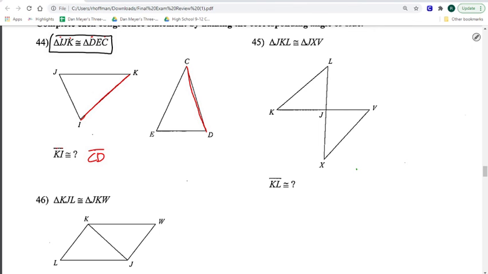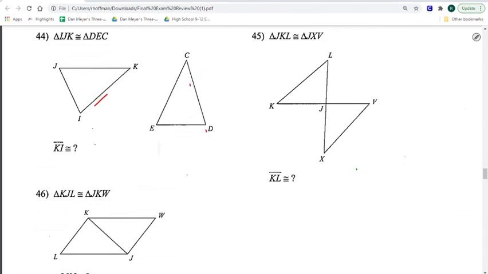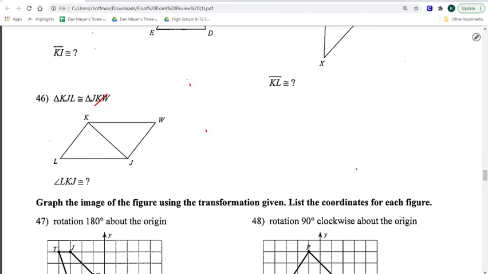And finally, let's look at one of those with an angle. Just so that you see how that looks. So here's the congruent statement. KJL is congruent to JKW. So we have LKJ.